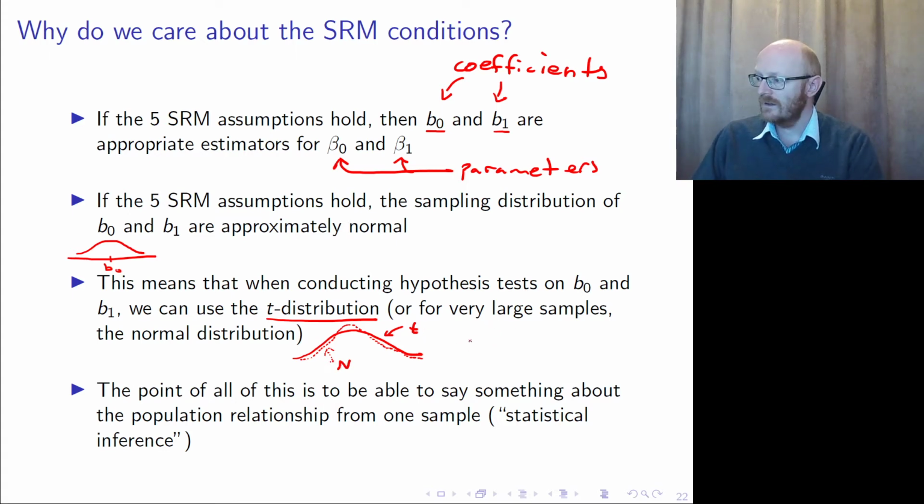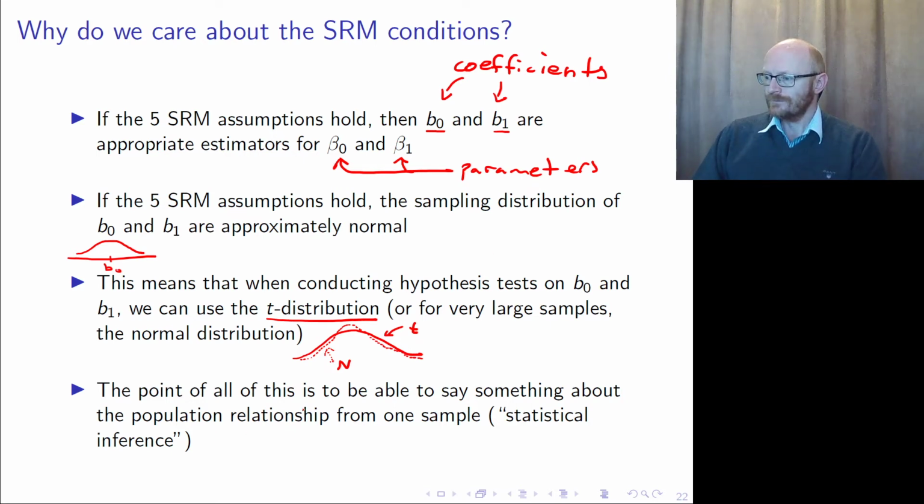But the t-distribution resembles the normal distribution as the number of samples goes to infinity. Okay, so for very large samples, the normal distribution can be used to make inferences about the parameters given the coefficients.